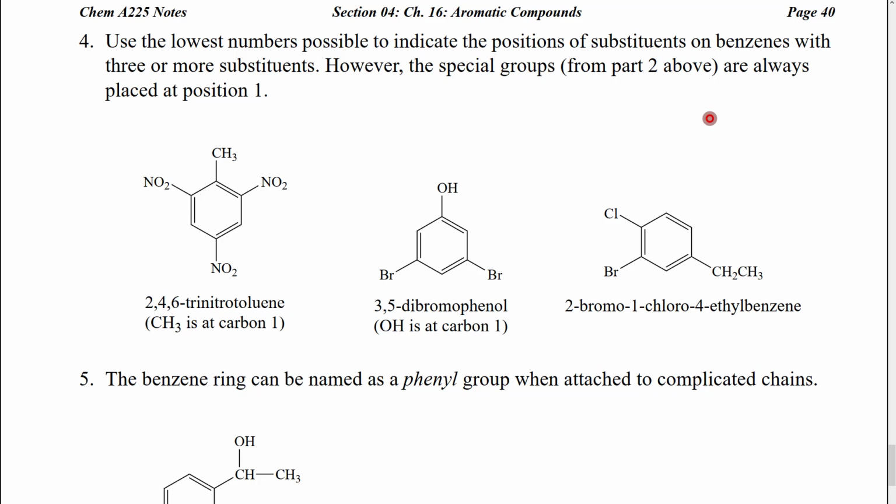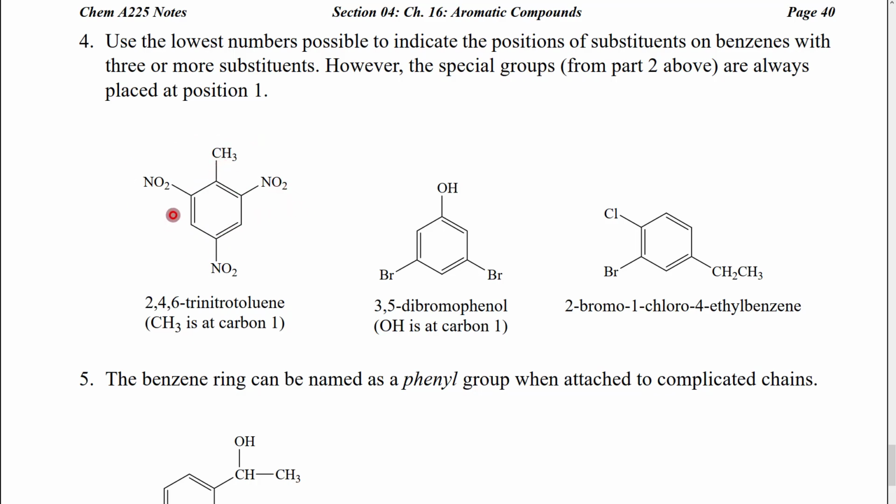When there's a special group among the 3 groups, we're going to name that molecule as that special molecule and the group that causes that. So for example here, we have a methyl on the benzene. That makes a toluene right there. The methyl will be attached at carbon 1 for numbering, and then we'll number around the ring.